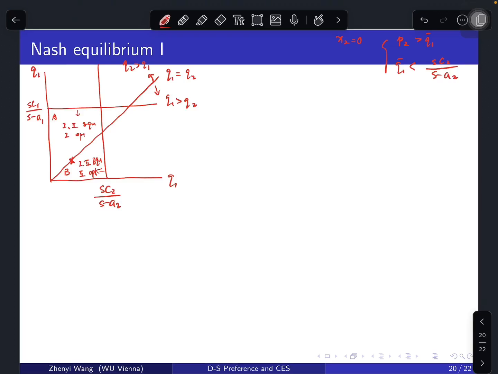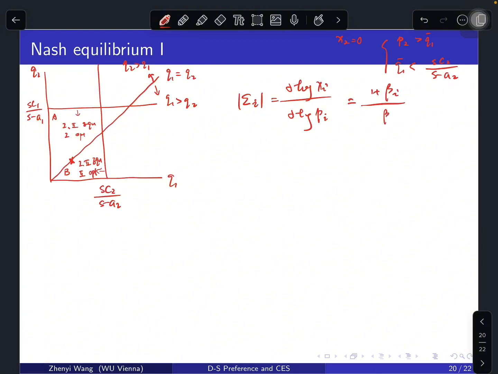If we start from the equilibrium point on the 45-degree line, now let's assume the demand elasticity of x2 increased. So the elasticity we define as the change of demand with respect to the change of price.